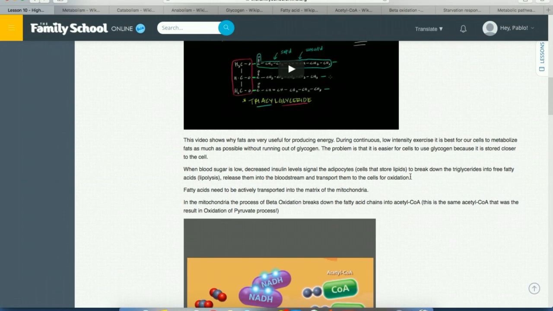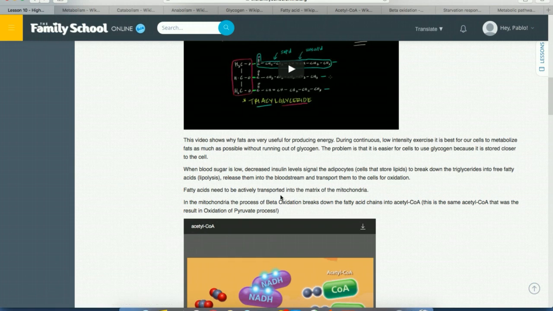So the free fatty acids are released from the adipocytes into the blood, and then they are transported to the cell for oxidation. It says fatty acids need to be actively transported into the matrix of the mitochondria. Actively transported means that I have to use proteins and ATP to go through the membranes to bring the fatty acids inside the mitochondria.